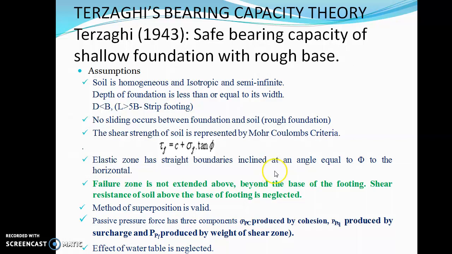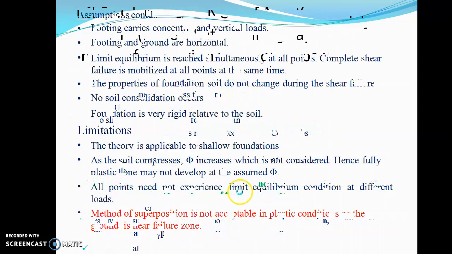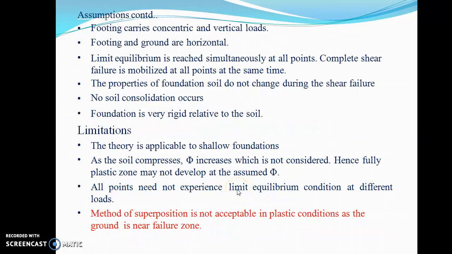And effect of water table is neglected in this analysis. The next assumption is that footing carries concentric and vertical loads. Footing and ground both are horizontal. Limit equilibrium is reached simultaneously at all the points. Complete shear failure is mobilized at all points at the same time.